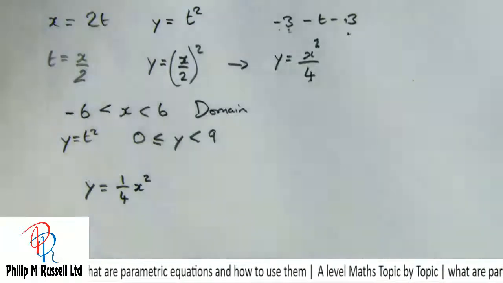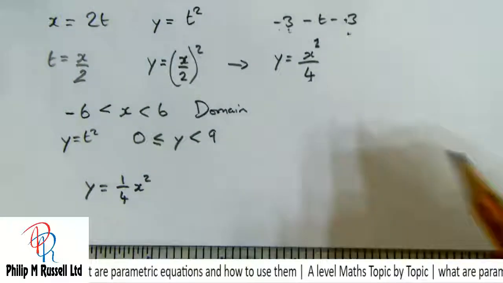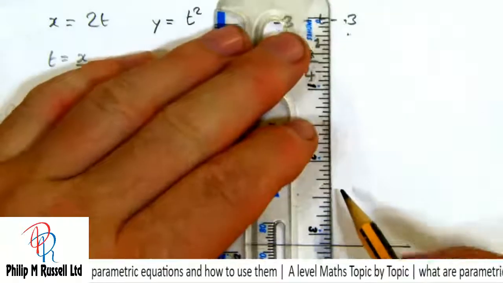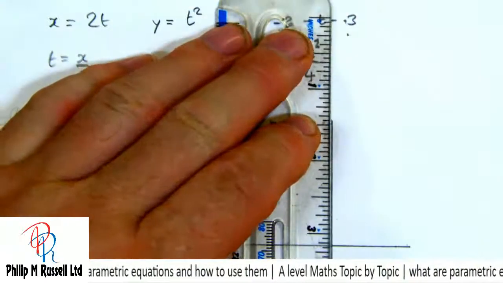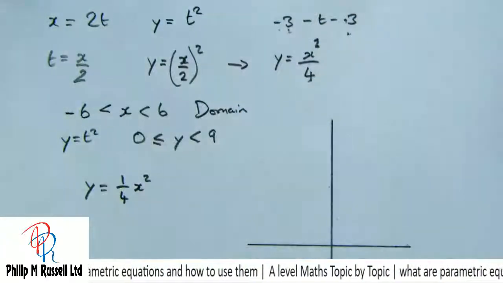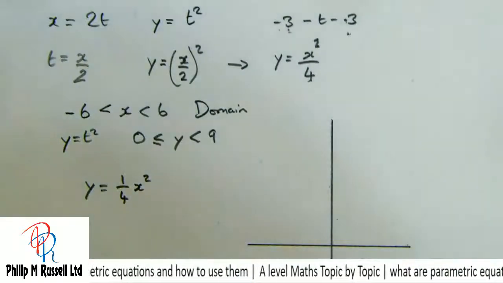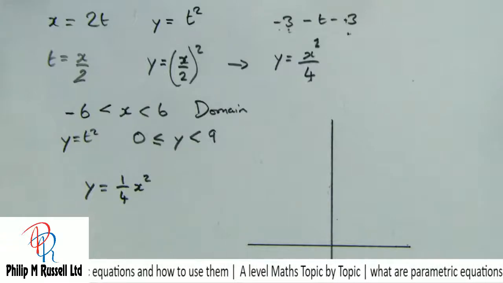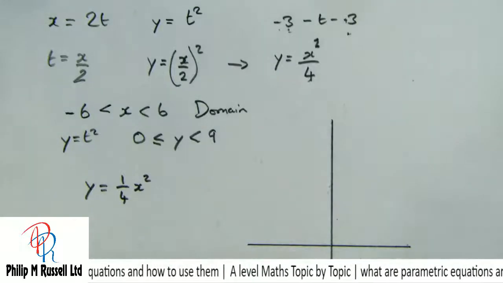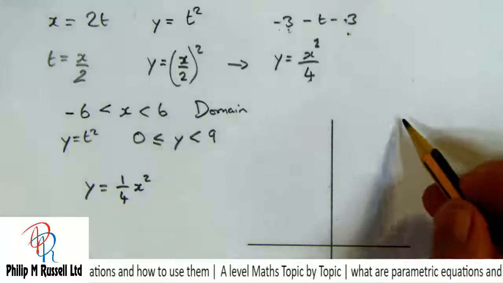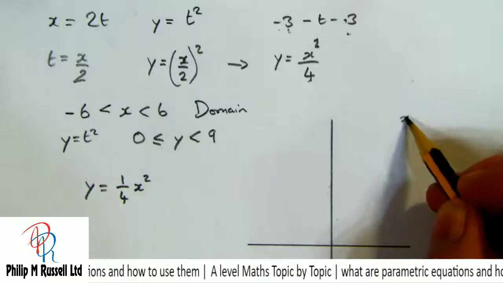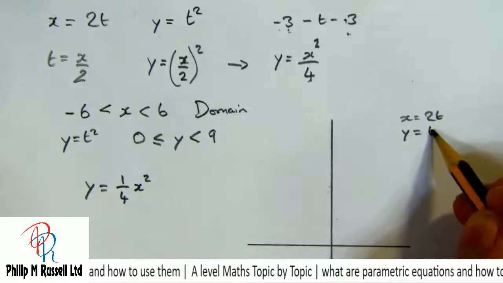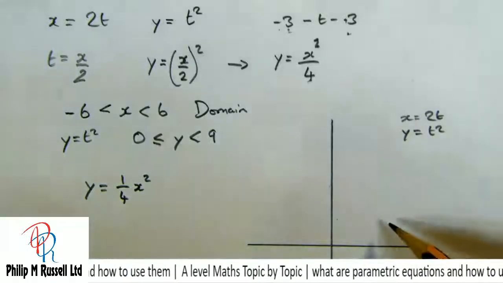So if I take my little sketch, and it's sometimes easier to do this on a graphical calculator, and we can just call up a graphical calculator so we can get an idea of doing this, but we don't have to. And this is going to be when x equals 2t and y equals t squared. So we've said what it's going to be.